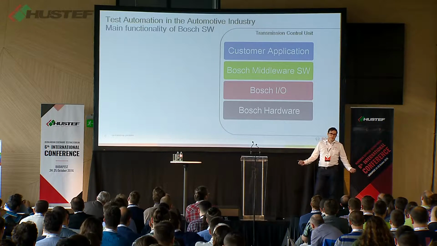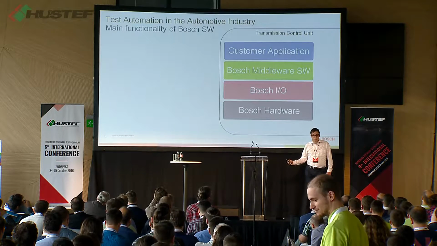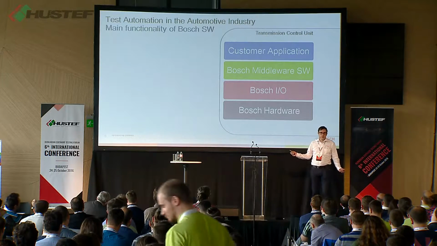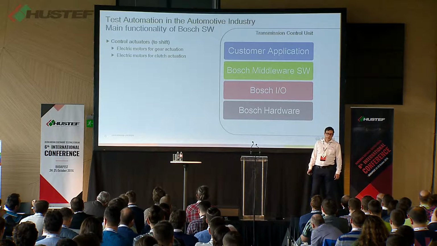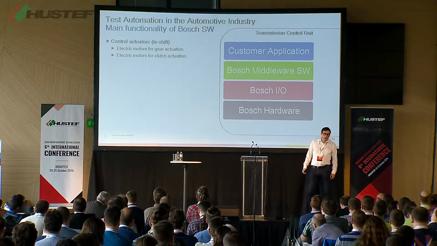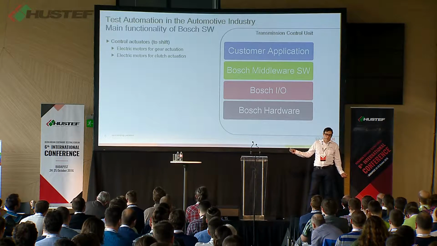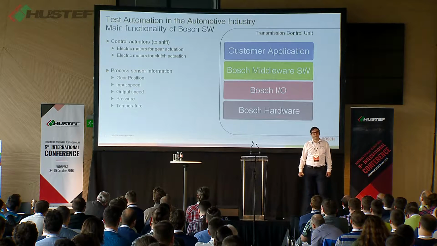So then what are the main functionalities of the Bosch software? Well, as I thought, this would be to make this happen, to realize this strategy. So to control the actuators, these would be electric motors. And of course, to process a lot of sensor information.